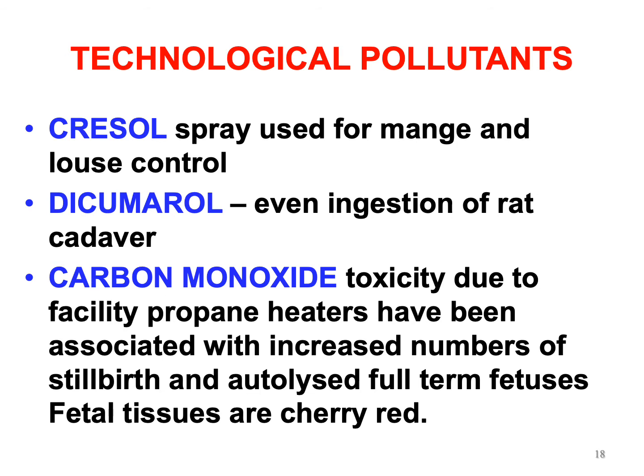Technological origin has the following group of pollutants. Namely, they are related to the everyday technology in a big farm, and in some accidental cases we have poisoning and related abortion. For example, crazole spray is used for eliminating mange and lice in an animal facility, and if the animals have access to it, they can get poisoned.